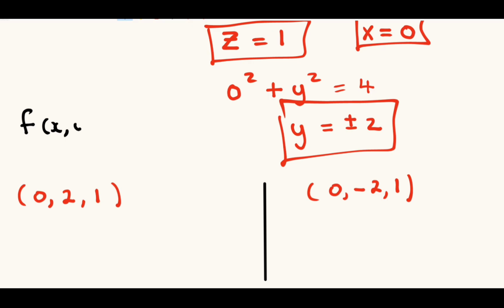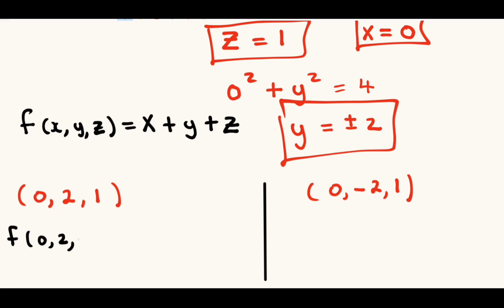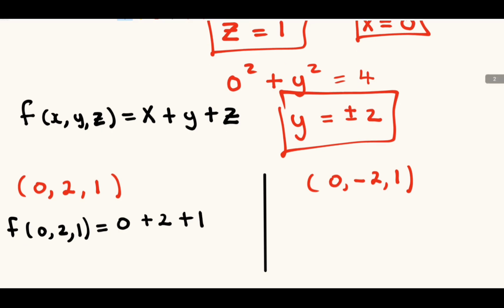The f of x, y, z was given as x plus y plus z. So our f of 0, 2, 1 will be equal to, where there is x, we substitute 0, where there is y, we substitute 2, and where there is z, we substitute the positive 1. So the extreme value will be equal to 3.